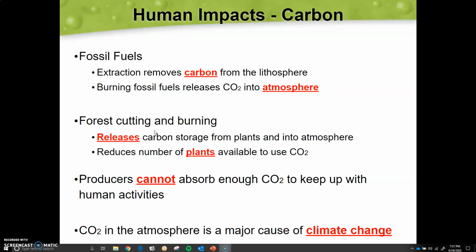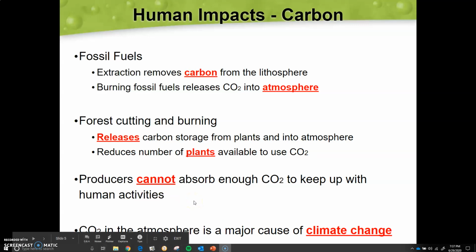And if we're cutting or clearing out large areas, it's reducing the number of plants we have available to use carbon dioxide, because plants help with that excess carbon dioxide we have. And if we're taking away those plants, it can be very detrimental. Producers cannot absorb enough carbon dioxide to keep up with human activities. We're creating more than they can take in.